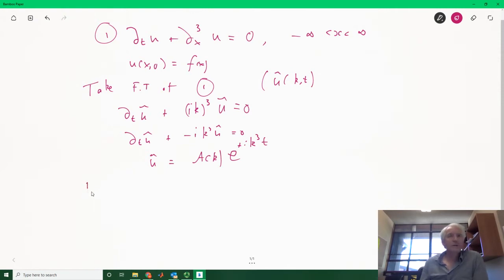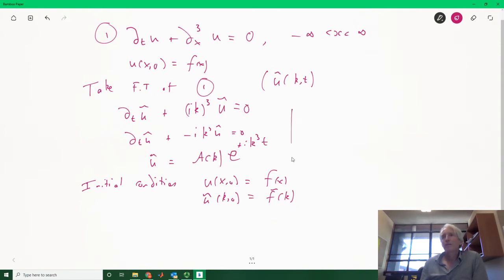So the initial condition is u of x comma 0 equals f of x. So the Fourier transform, a function of k comma 0, is going to be f hat of k, Fourier transform of the initial condition.